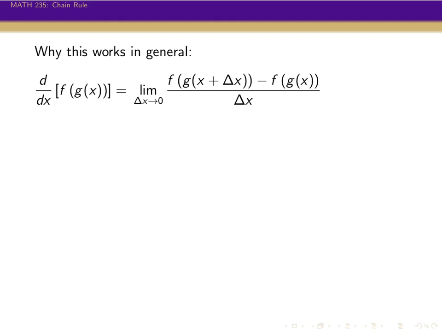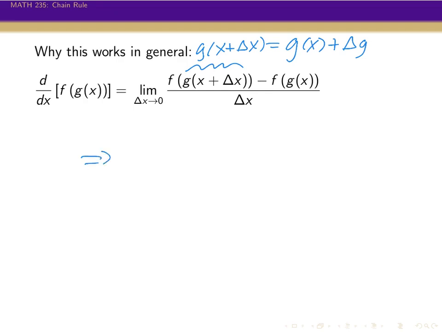Now the trick that we're going to do here, and this is something we've done before, is that we're going to think about g of x plus delta x as being g of x plus some change delta g.